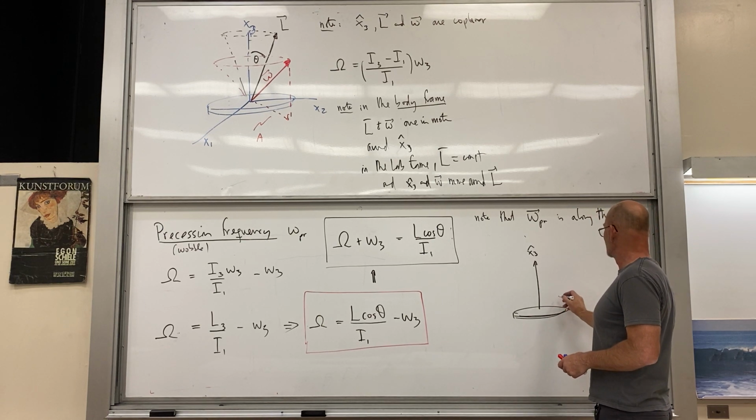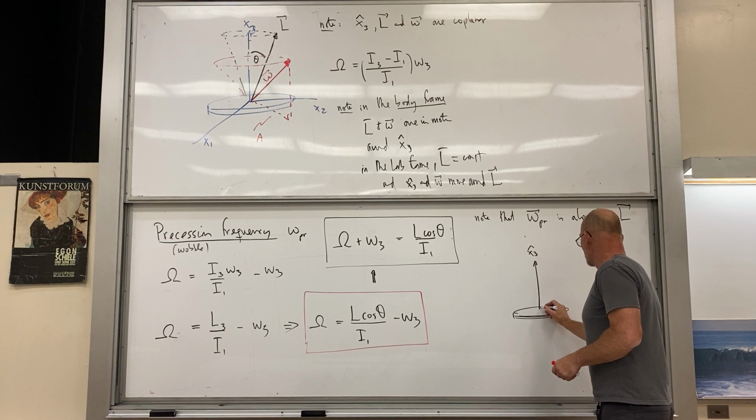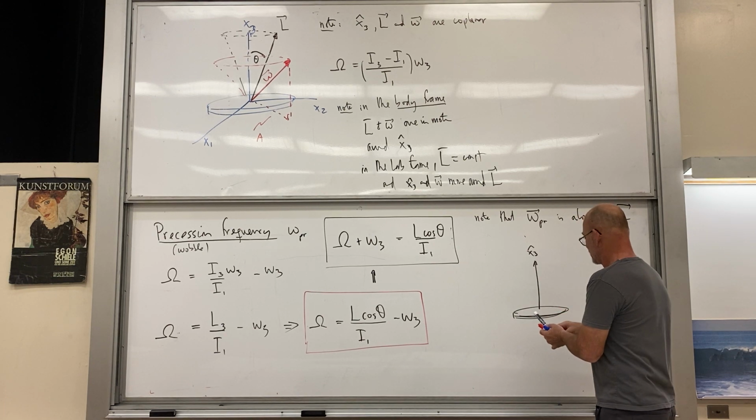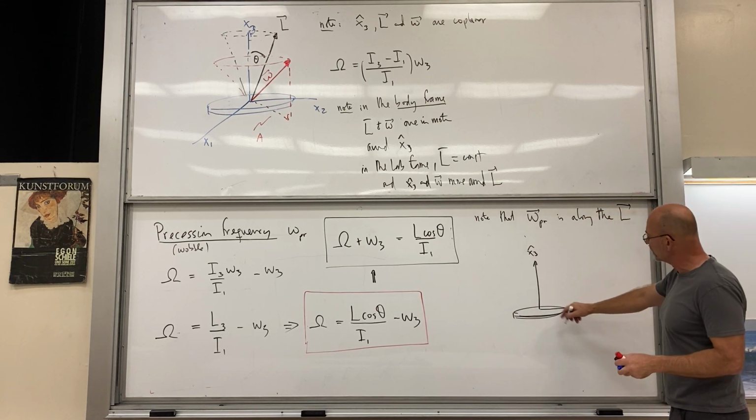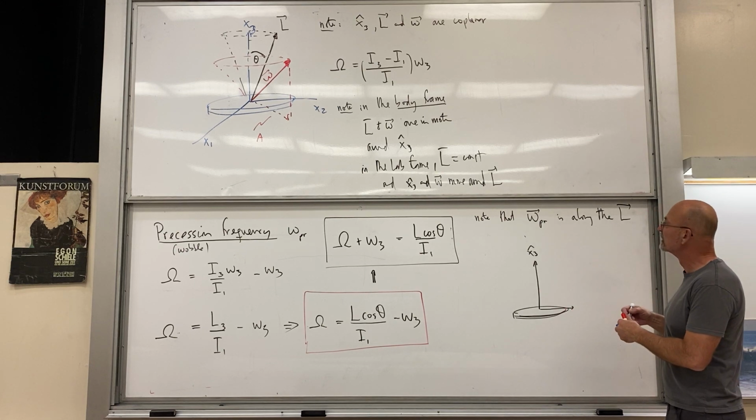Geometrically this should work out. So these are all now omega vectors. So x3, this is x1 or x2, doesn't matter, one of the two.